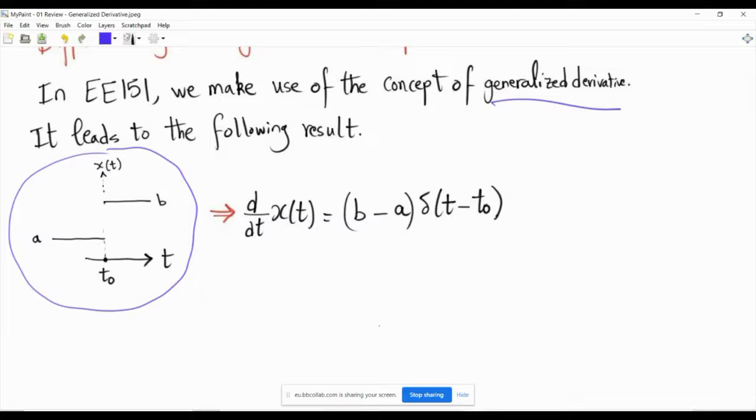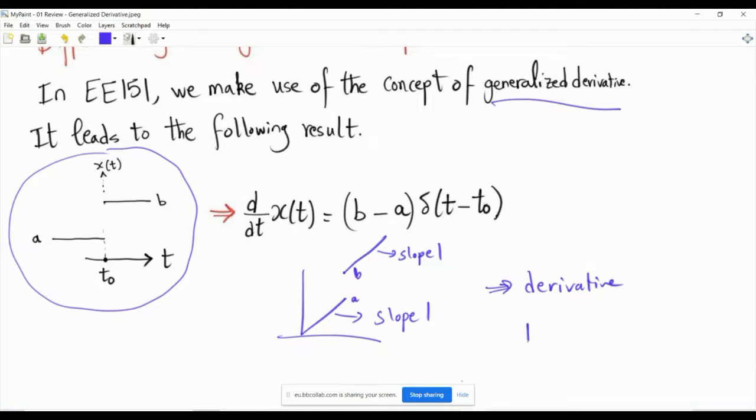For example, suppose that your function has slope 1, and then there is a jump from a to b, and then another chunk with slope 1. Then the derivative will be equal to 1, like the classical derivative, at all points except at the point of discontinuity. But here in signals and systems, we will add the jump: it's 1 plus (b minus a) times delta of t minus t0, if this happens at t0.